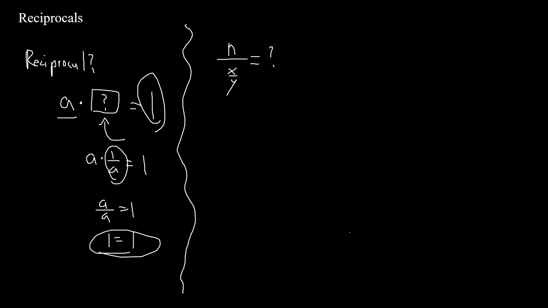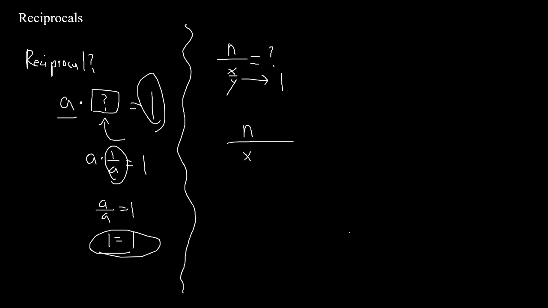So basically, what we're trying to ask is, how can we make this denominator look pretty? We can make it look pretty by having it equal to 1. So we can make this fraction look better by making the denominator equal to 1. So let's try that.